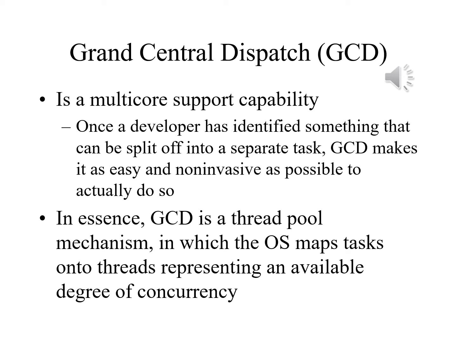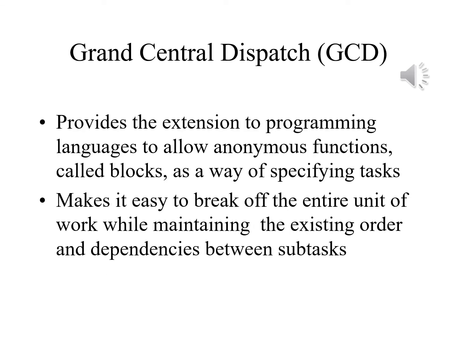Windows also has a thread pool mechanism since 2000, and thread pools have been heavily used in server applications for years. What is new in GCD is the extension to programming languages to allow anonymous functions called blocks as a way of specifying tasks. GCD is hence not a major evolutionary step. Nevertheless, it is a new and valuable tool for exploiting the available parallelism of a multi-core system.